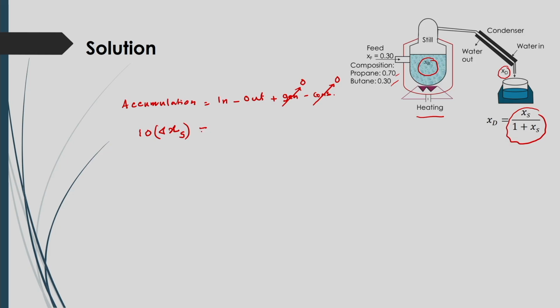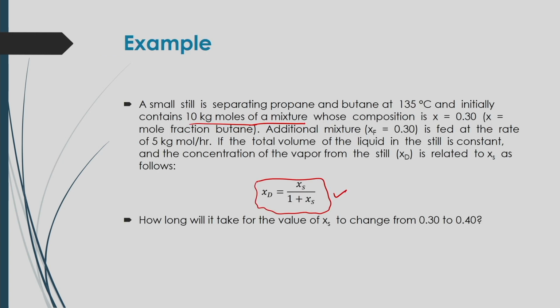And then what will be the inlet of this butane into the still? As per the problem, the feed flow rate is given as 5 kg mole per hour.